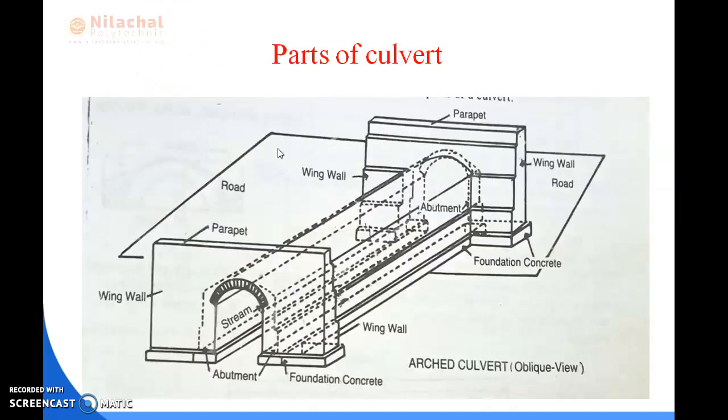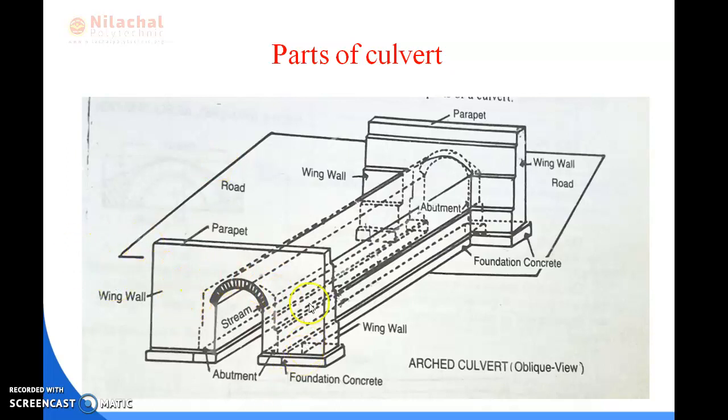So first of all, this is the diagram of an arch culvert. We define abutment, wing wall, parapet, the basic components of a culvert. Normally, a culvert is a combination of 4 wing walls and two abutments.